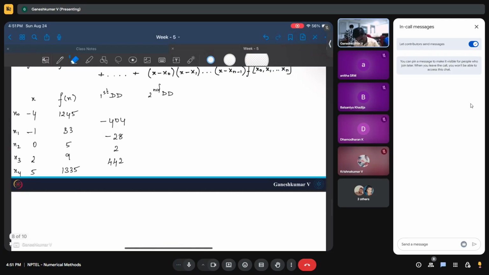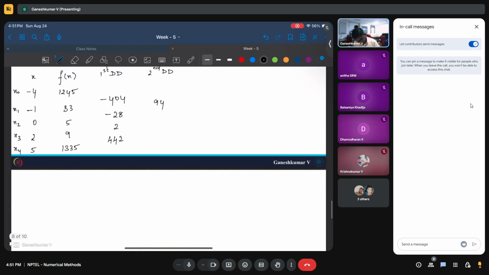How should I do this? Okay, I will continue with this. So minus 28 plus 404 divided by 4, which is 94. Okay, and for this you need 2 minus of minus 28 divided by 2 and minus 1.